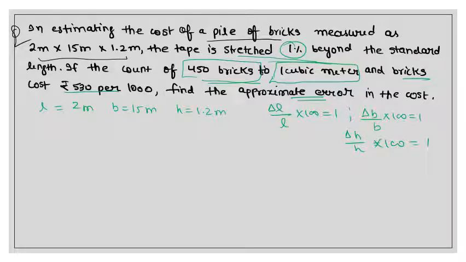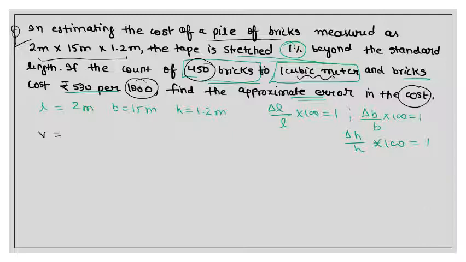So how will we do this? If you have to find out the error in the cost, and the cost is for 1000 bricks, there are a total of 450 bricks, and the dimension is in meter cube. That means you have to find out the percentage change in volume. Then only you will be able to get it.